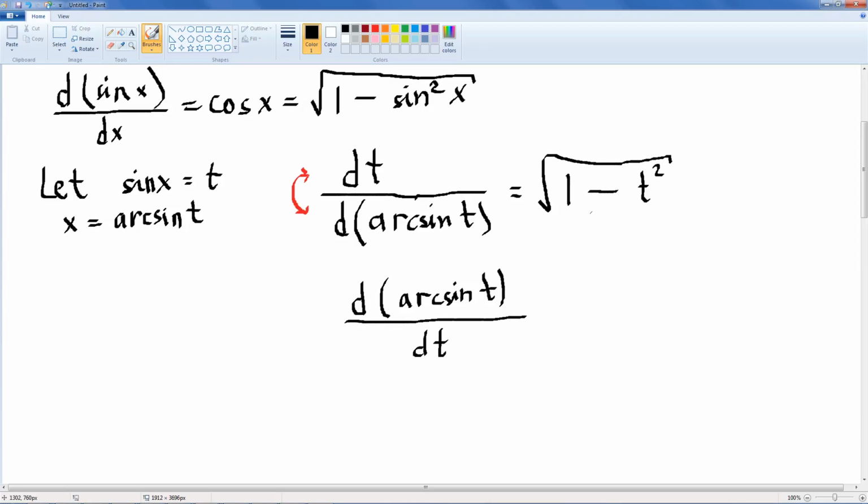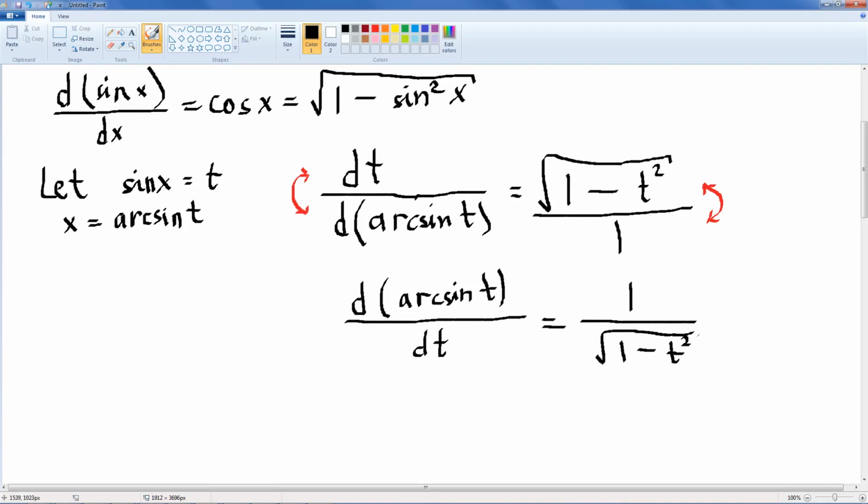And since we swap here, this is like divided by 1, and we also swap here, right? So that the equation would still hold true. And that equals 1 over the square root of 1 minus t squared.